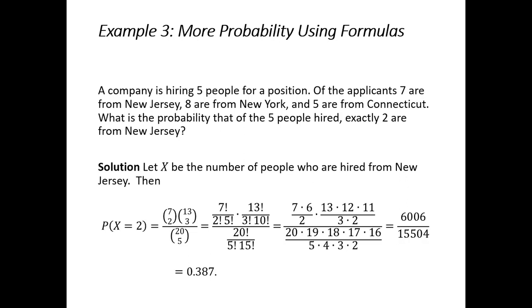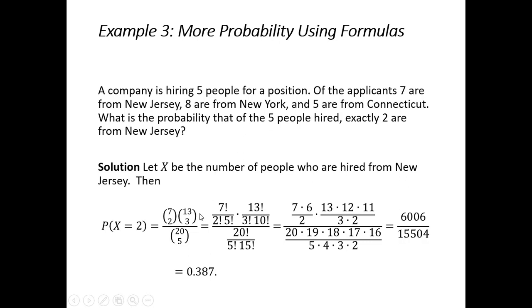So we need to count the number of ways we could hire the people. The number of ways we can choose 2 people from the 7 from New Jersey is 7 choose 2. Then we have to choose 3 more, and these people will be coming from New York or Connecticut. We're not so interested in whether it's exactly New York or Connecticut, but we do know that there are 13 other people that are not from New Jersey.